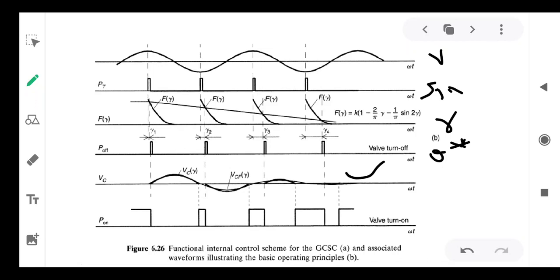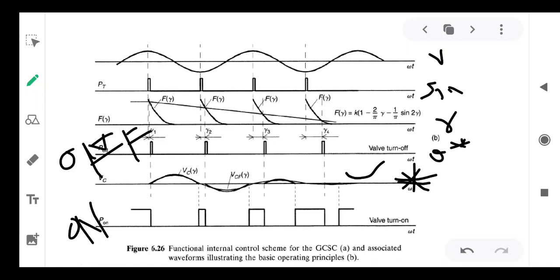This is the on signal, this is the off signal, this is on, this is off. Off signal, on signal, given appropriately to get the required voltage control.